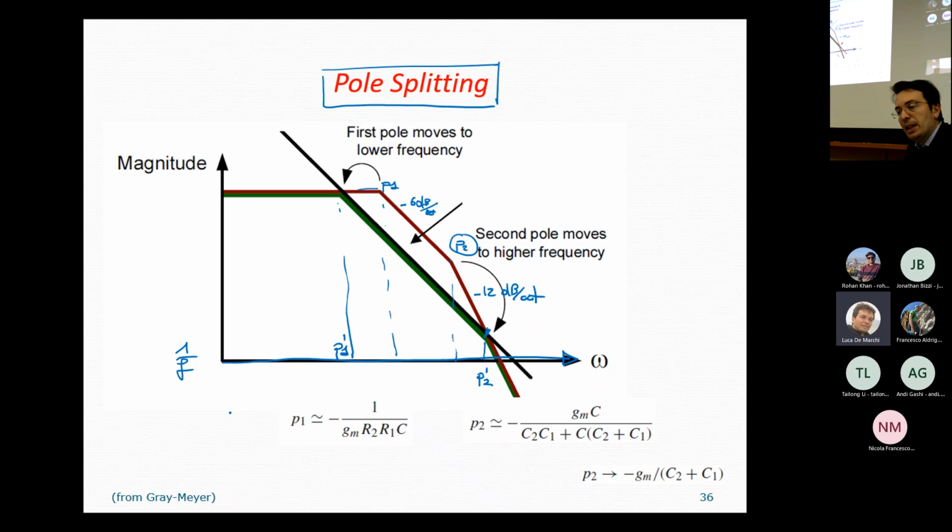Okay, so if F1 is smaller than F2, what we have is that after F1 we start to decrease by minus 6 dB per decade, and then after F2 we experience the zero effect, and therefore we have a plus 6 dB per octave. So the decrement induced by the pole is compensated by the zero. So we have a flat curve here.